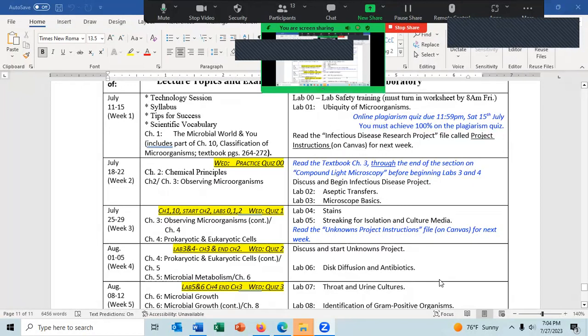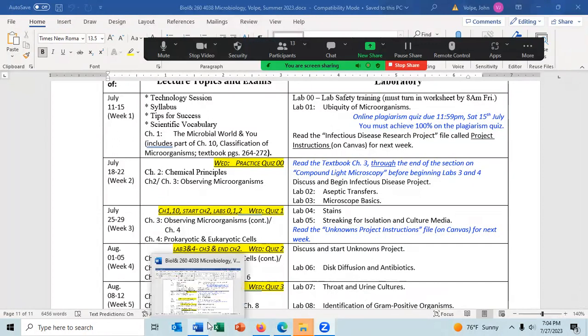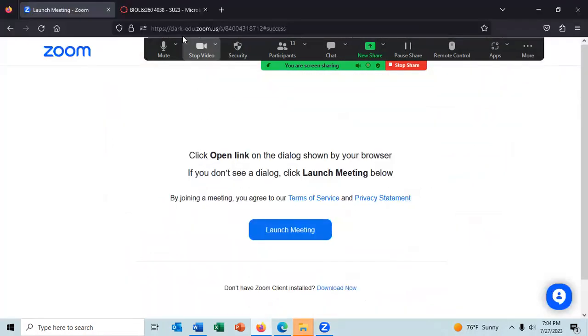So today is July 27th, and we're supposed to be talking about Lab 5. Let me remind you, you need to read about your unknown project instruction files. You can find those files on Canvas.